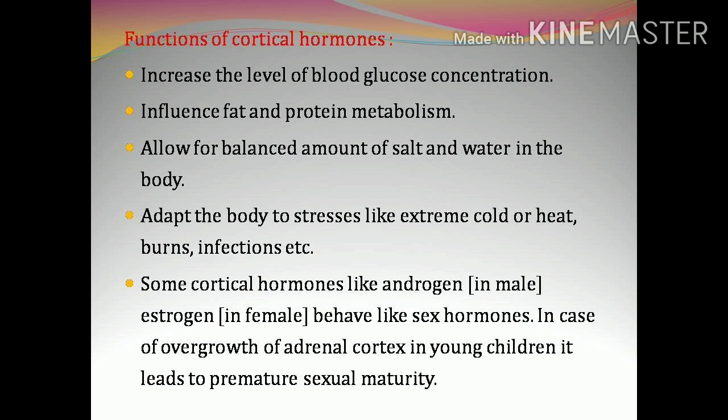Sometimes some children show sexual maturity a little bit early, because in their body overgrowth of the adrenal cortex takes place. If there is overgrowth of the adrenal cortex, it leads to premature sexual maturity.